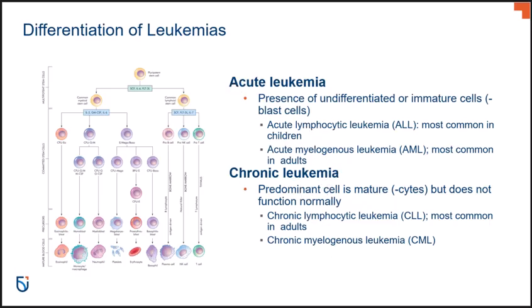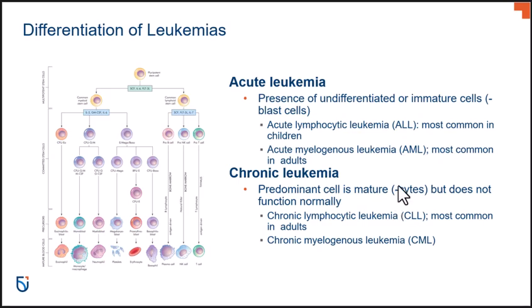But what's the difference between acute and chronic? Individuals with acute leukemias will have a higher number of immature or undifferentiated cells. Those with chronic leukemia, on the other hand, will have a higher number of mature cells, but they don't function normally.